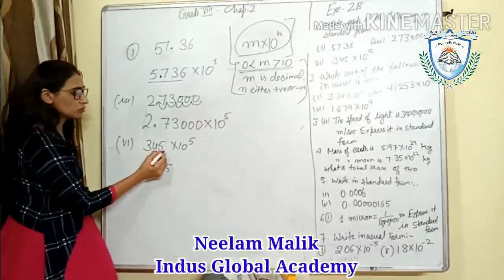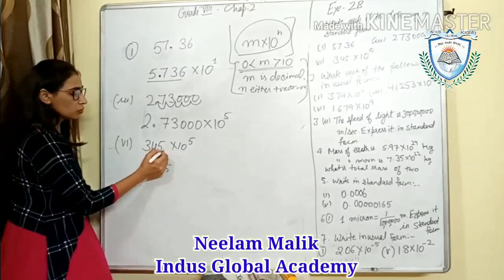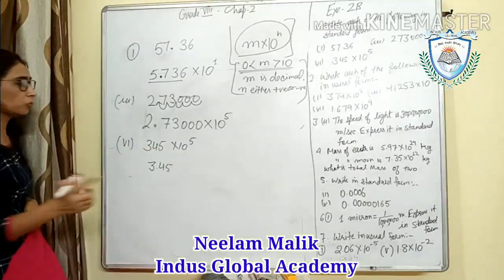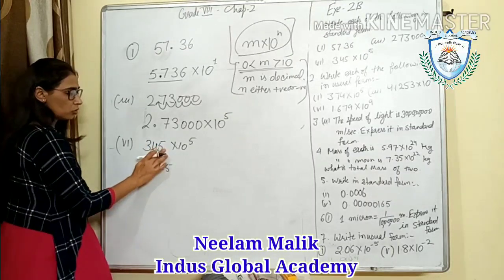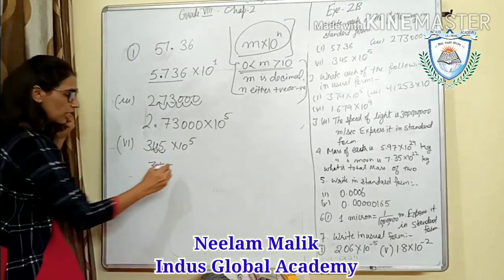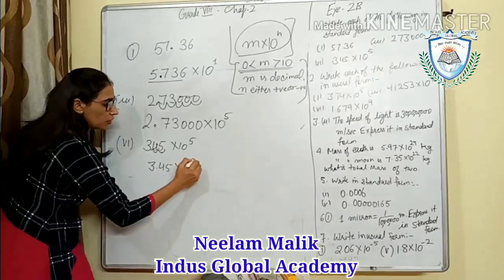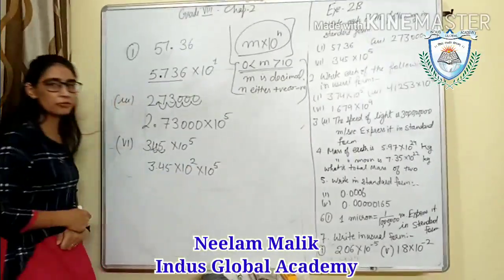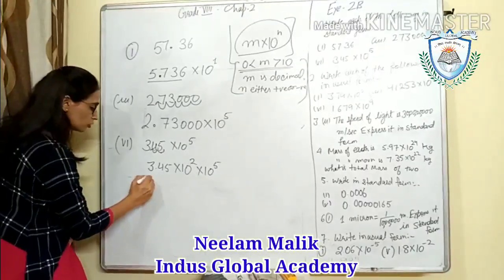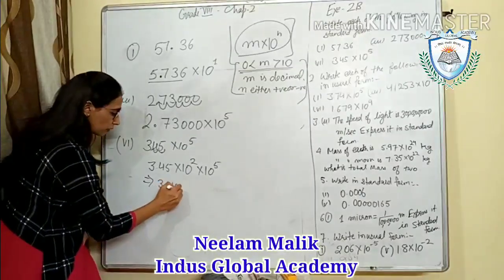3.45, because I'm shifting the decimal point to the left by 2 places. So 2 jumps are there, and I'll multiply with 10 raised to power 2, and I already have 10 raised to power 5. So that means 3.45.